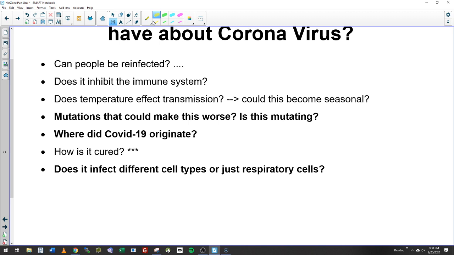I'm looking for one really important piece of information that you're going to need to know in order to solve this problem. Think like a scientist. You want to answer those questions. What do you need to know before you go any further?